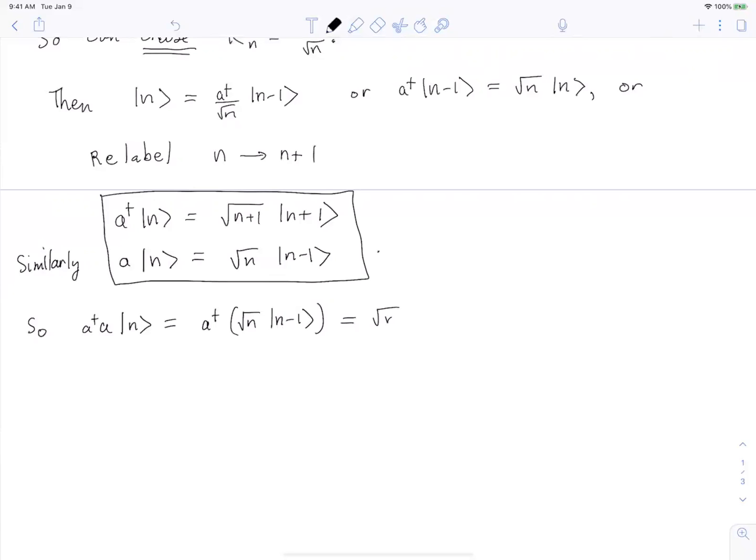Then the number we can just pull out, and so this is a dagger acting on n minus 1. That again gives us a square root of n, so there's two of them, which is just equal to n times the original eigenstate. So we've managed to construct an operator here whose eigenvalues are equal to the integers n.